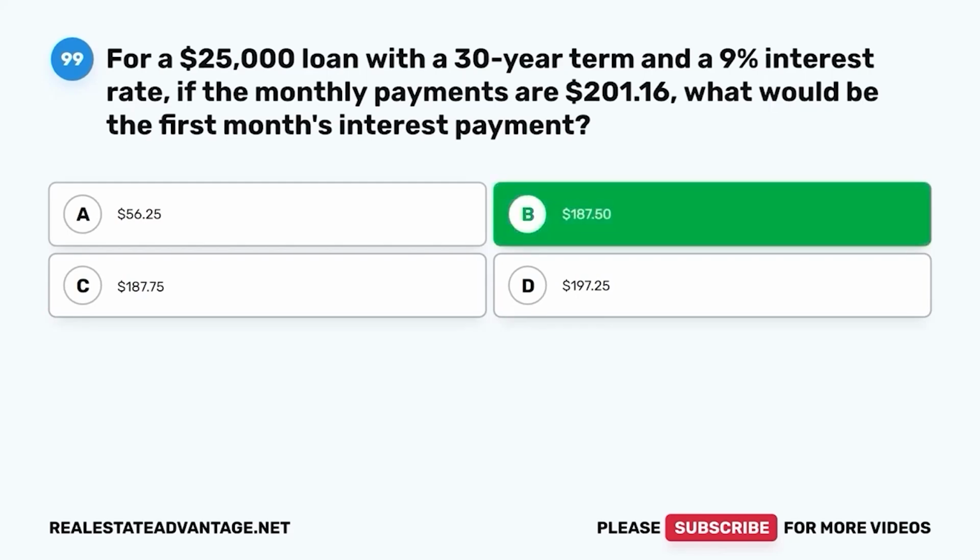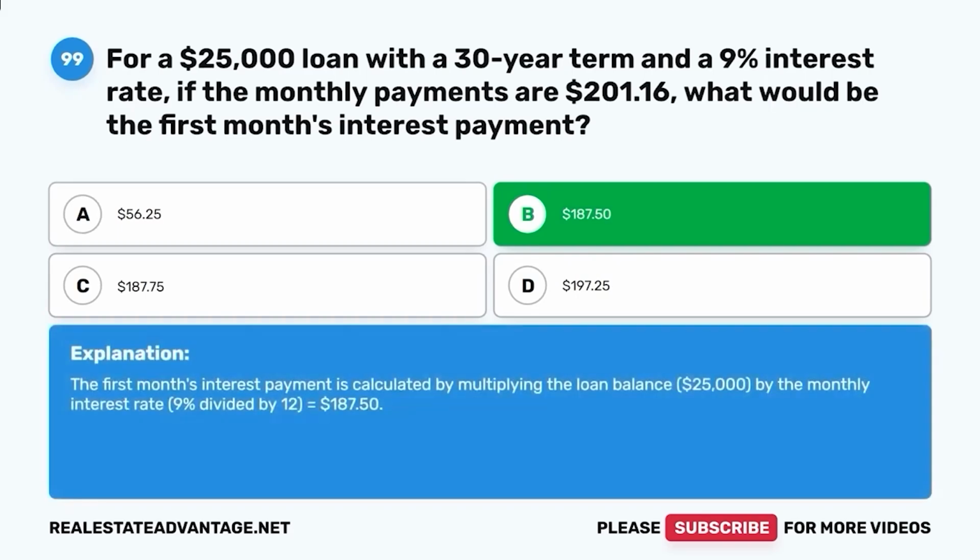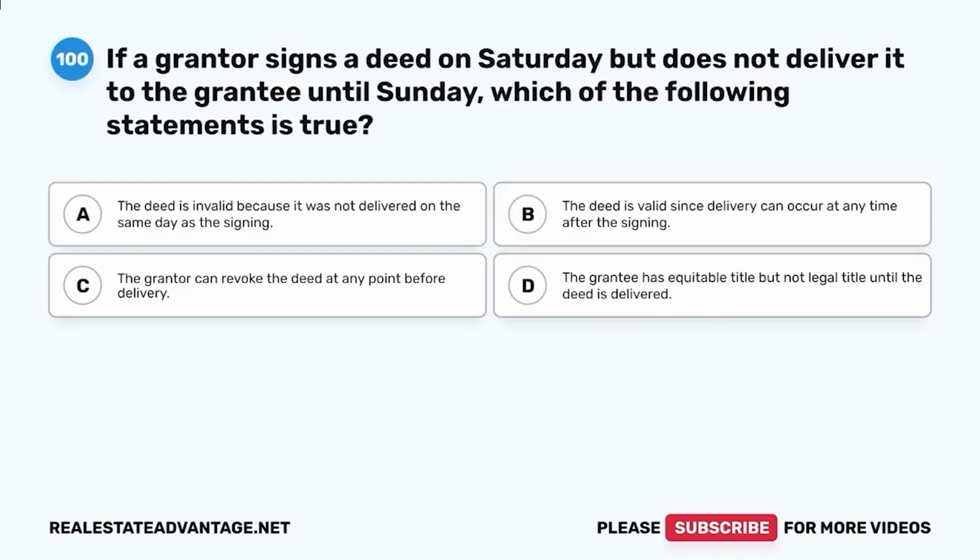The correct answer is B. $187.50. The first month's interest payment is calculated by multiplying the loan balance, $25,000, by the monthly interest rate, 9% divided by 12, which equals $187.50.